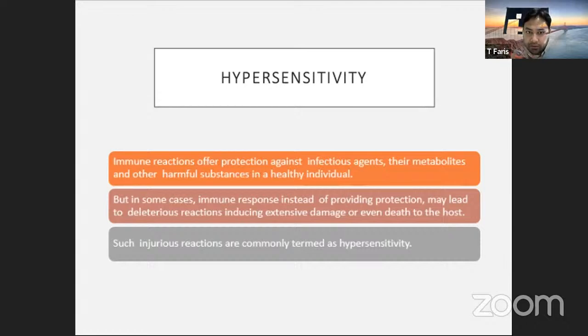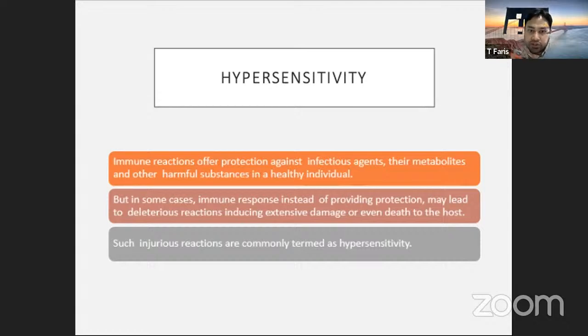However, in some cases, instead of providing protection, the immune response can cause deleterious reactions and can cause extensive damage or even death to the host. So it is important to know that failure in maintaining the protection by your immune cells can cause lots of consequences later on.